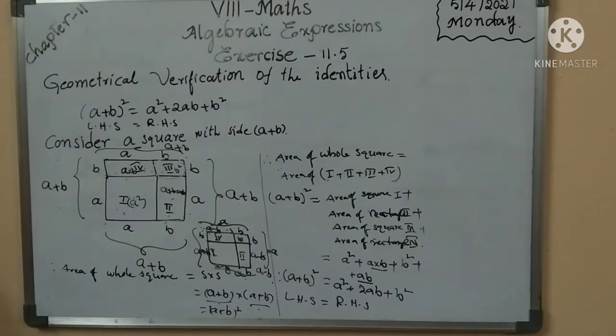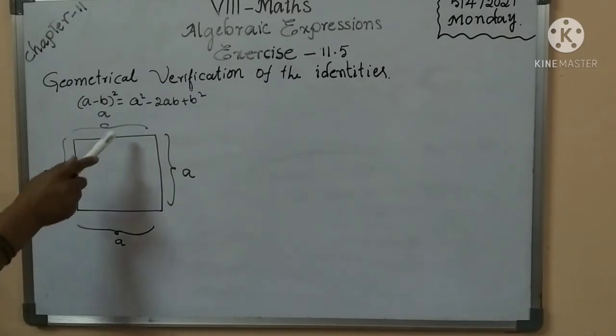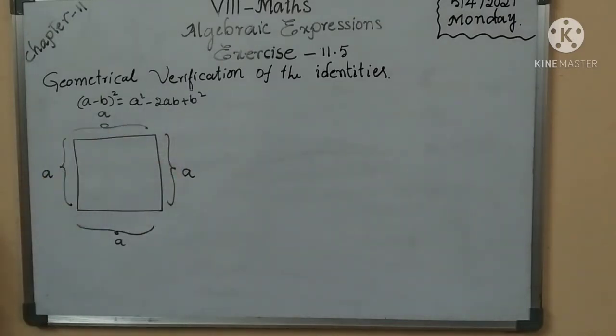Now we will explain A minus B whole square equal to A square minus 2AB plus B square. Next one, geometrical verification of the identity: A minus B whole square equal to A square minus 2AB plus B square.